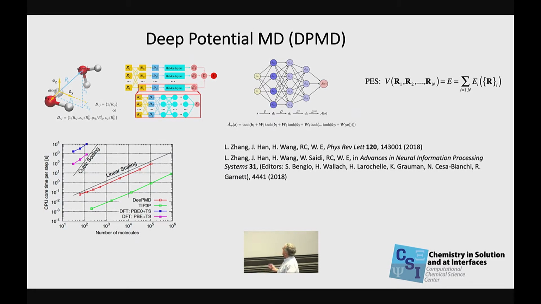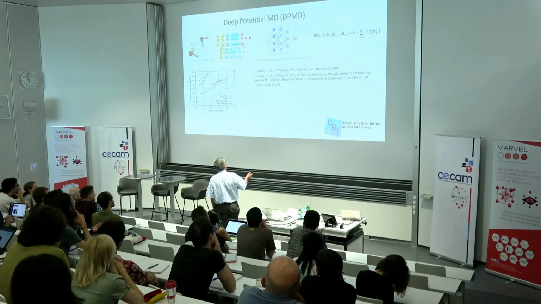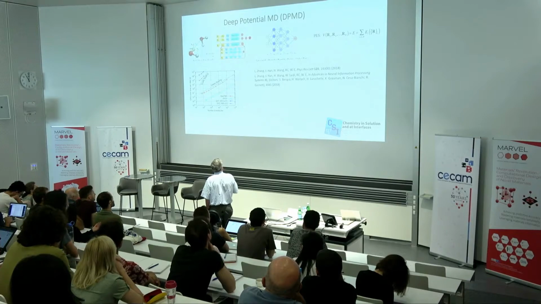This is done in our approach by using descriptors that do not include any artificial construct, just using the coordinates. The descriptors are just based on the coordinates of the atoms. There is no parameter that has to be fitted or adjusted, and it works quite nicely.